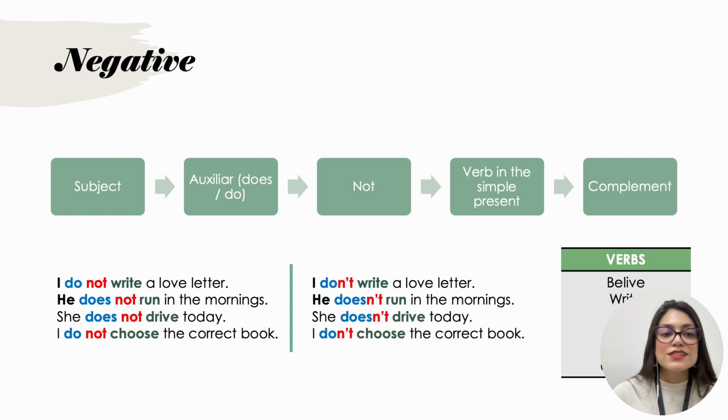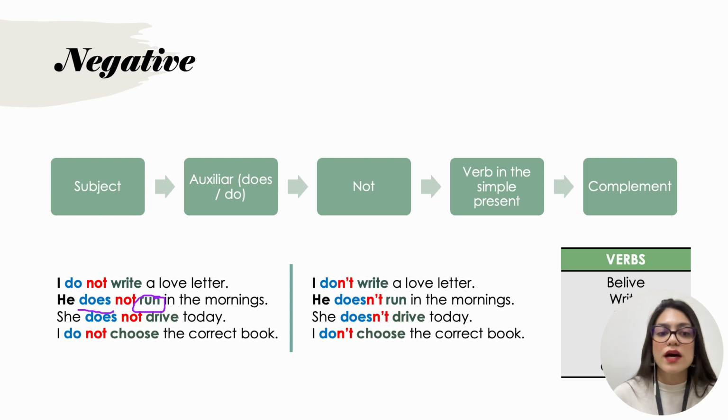So here, as you can see, okay, in the second sentence, he does not run in the mornings. The verb doesn't have the S at the end because the S is already here in our auxiliary does.